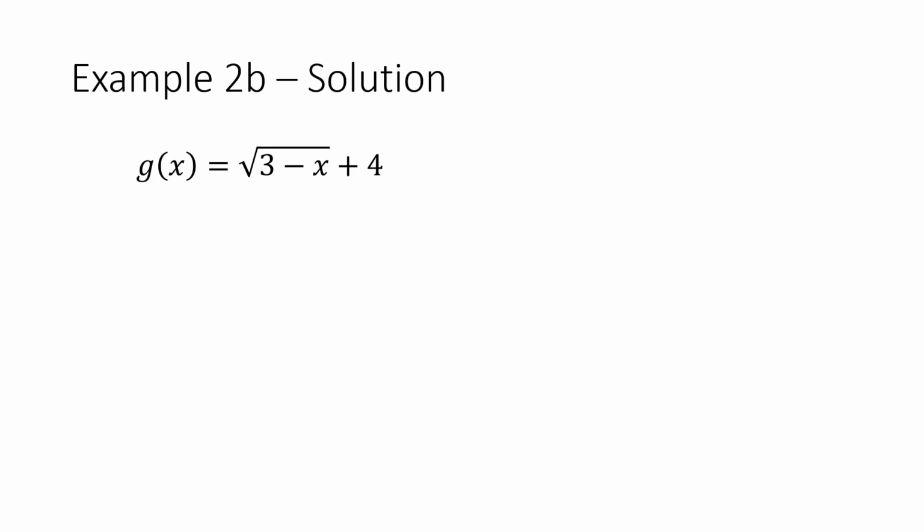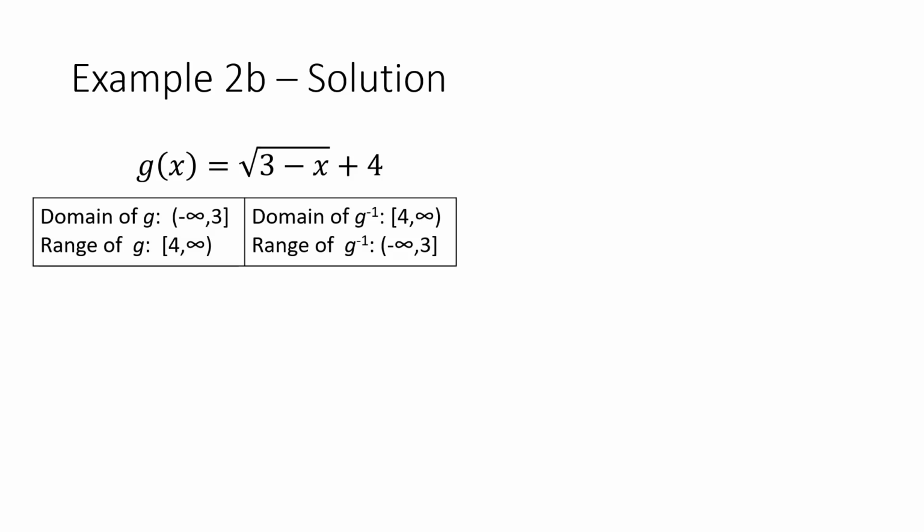Let's try a couple more. g of x, remember, was root of 3 minus x, plus 4. The domain and range is slightly more complex here because of that radical. You can review how to do that, but we know that the domain of the original function is negative infinity up to and including 3. And the range, if you think about what y values we could get, remember that radical is only going to be 0 or bigger, so the range is going to go from 4 up.